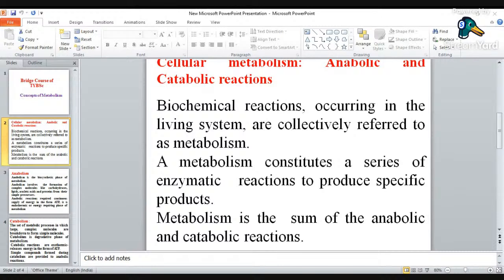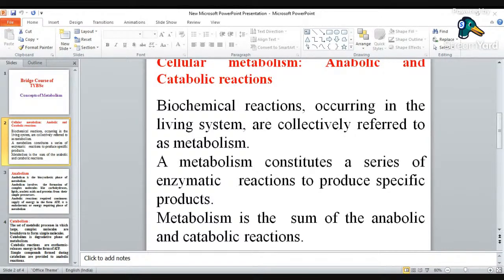Glucose, fructose, sucrose, lactose, maltose, starch, cellulose, galactose. All these are carbohydrates, all these are sugars. Some are monosaccharides, some are disaccharides, some are polysaccharides. Example, monosaccharides: glucose, galactose.